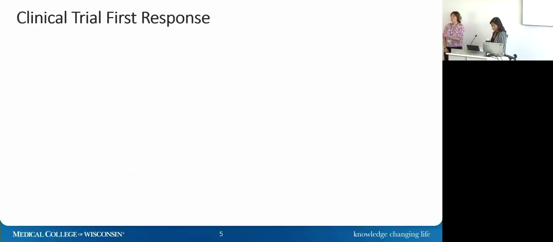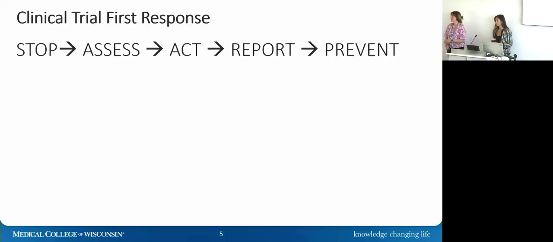So we're going to talk a little bit about our first response plan that you should be doing. First of all, when you identify something that has not gone well, you want to stop, assess what happened, you want to act upon it, you want to report it, and then we want to prevent it from happening in the future.